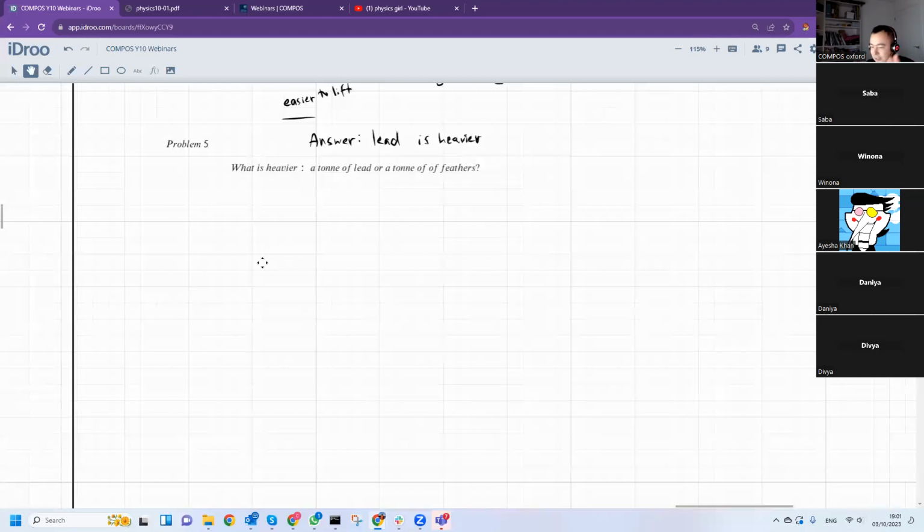If you place your phone into water, there will be an upthrust force. And if you place a helium balloon into the air, there will be an upthrust force on the balloon.